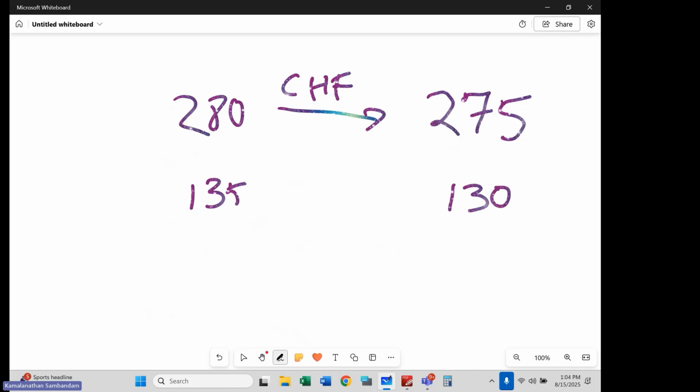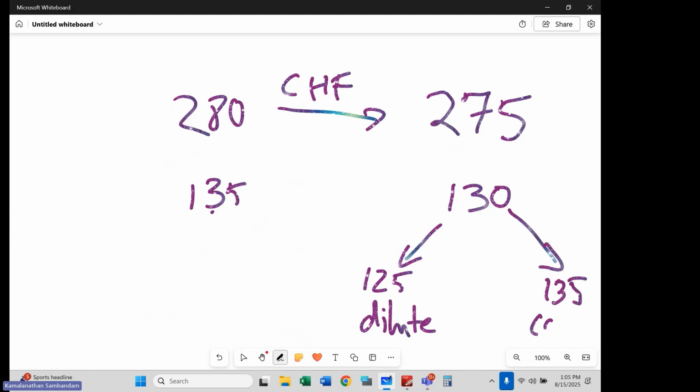When their sodium gets to 125, they can dilute their urine, just like you would if you got lower than your set point. And when their sodium goes to 135, they can concentrate.